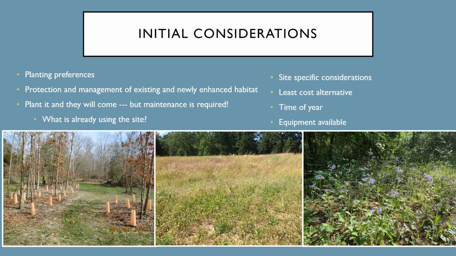And even just allowing some species or fields to grow up in what's naturally present is providing, like I mentioned, those early blooming, more weedy winter annuals that allow for some early habitat. So protecting existing habitat and also thinking in the future about the capability of maintaining a newly enhanced habitat and utilizing what's already there.